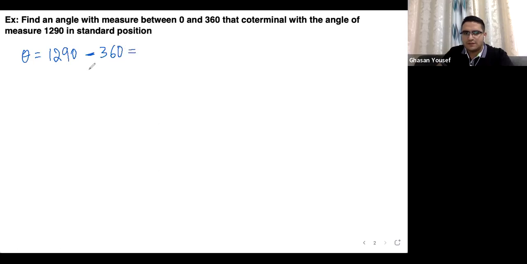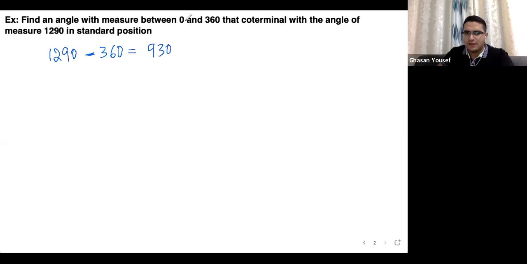What is the answer? 1290 minus 360 is 930, exactly. So the answer is 930.